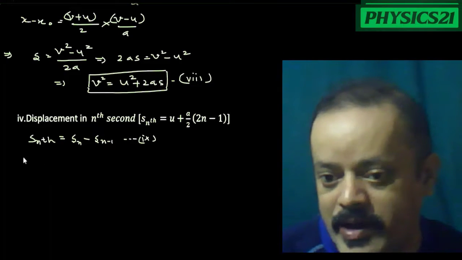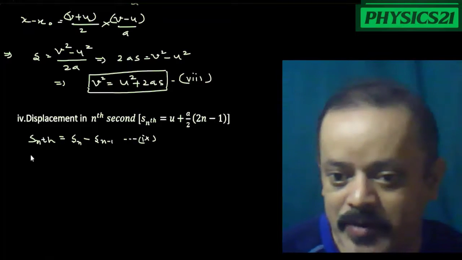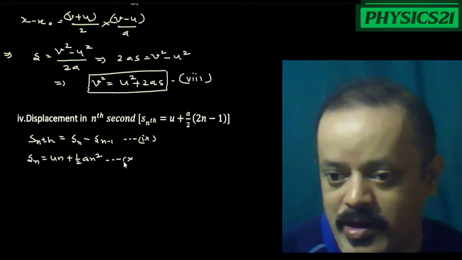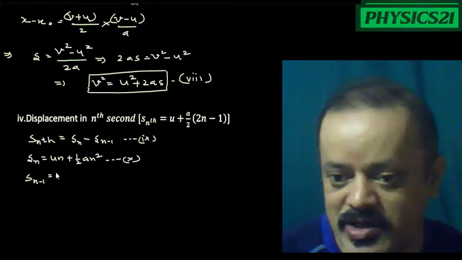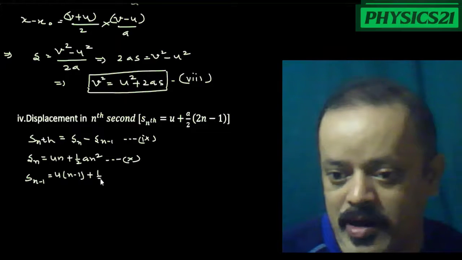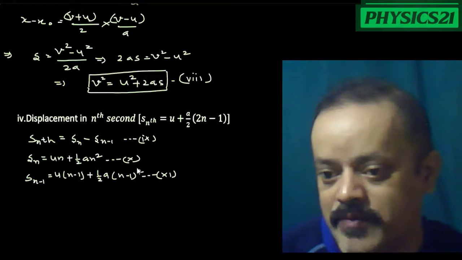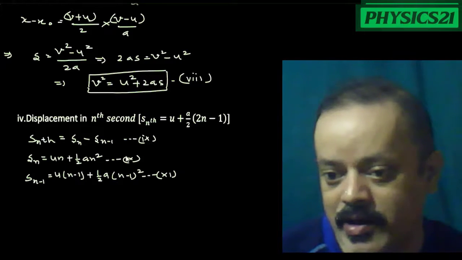Now the value of s_n, means displacement in n seconds, from the second equation of motion, is un plus half an square. This is equation 10. And displacement in n minus 1 seconds, from the second equation of motion, is u in bracket n minus 1 plus half a in bracket n minus 1 whole square. This is equation 11. Now substitute these values from equations 10 and 11 in equation 9.